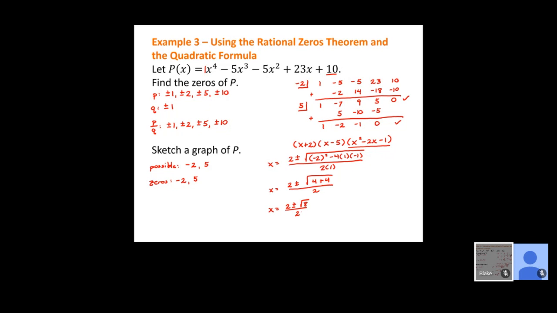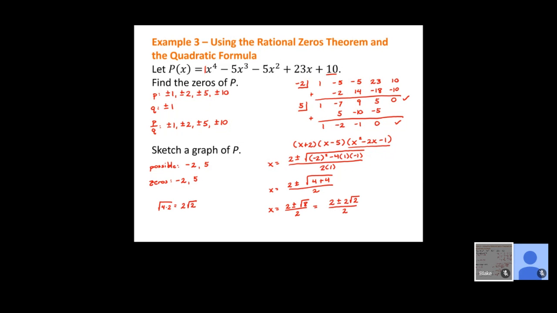And now we just need to simplify that square root of 8. So when we do that, remember the factors will be 4 and 2, and we can bring out the square root of 4. So we're basically breaking this down into the square root of 4 times 2. Square root of 4 is 2. Keep the other 2 inside. So this is 2 plus or minus 2 square root of 2 all over 2.